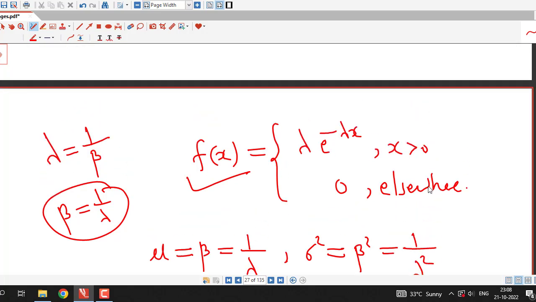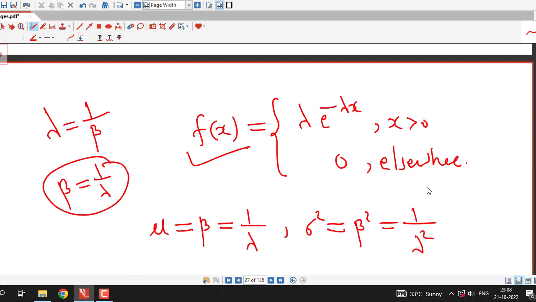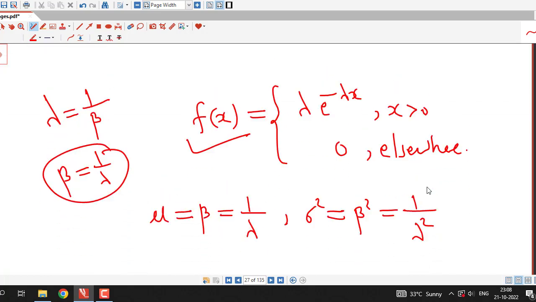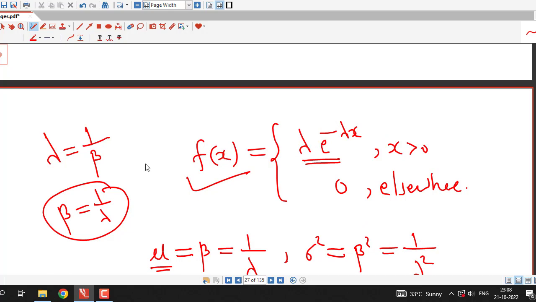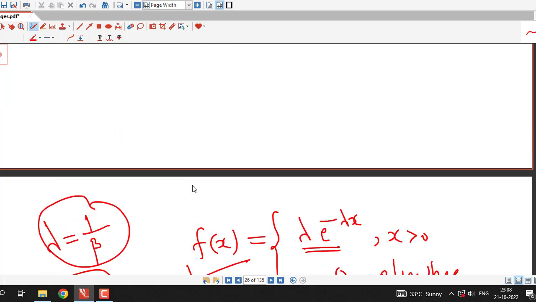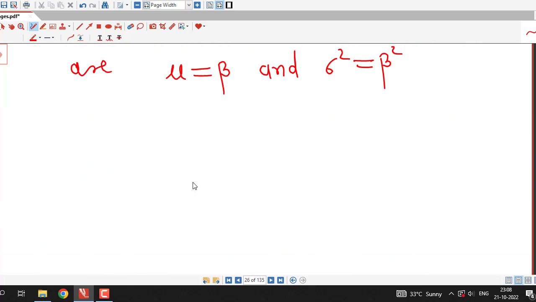So there is nothing problematic in this situation. If we are using this PDF, we will consider mean equal to 1 over lambda, variance equal to 1 over lambda square, and if we are using lambda equal to 1 over beta, then PDF will change and we will have mean equal to beta and variance equal to beta square.